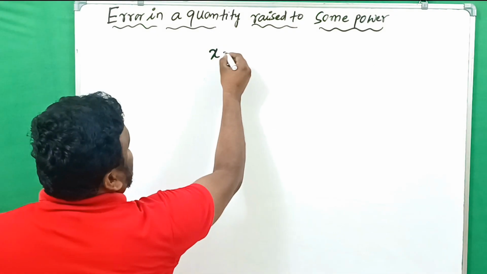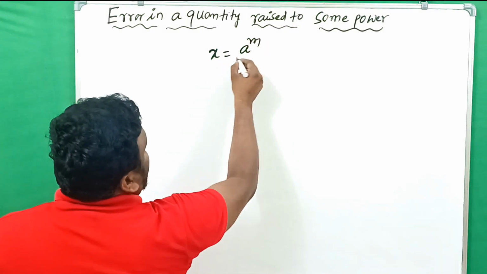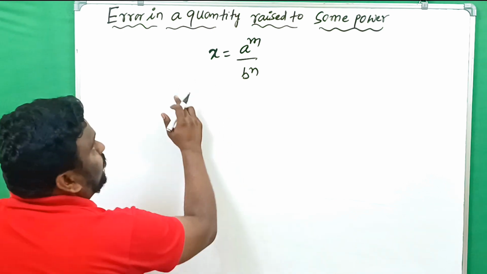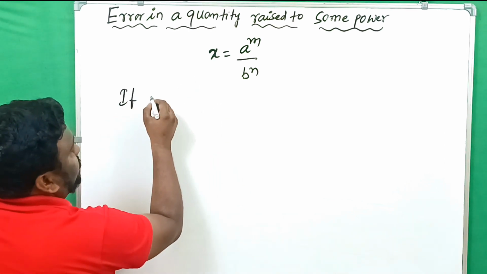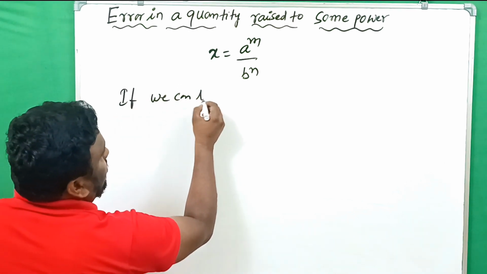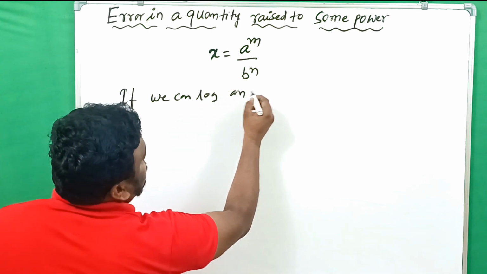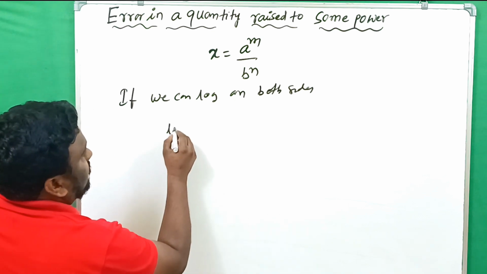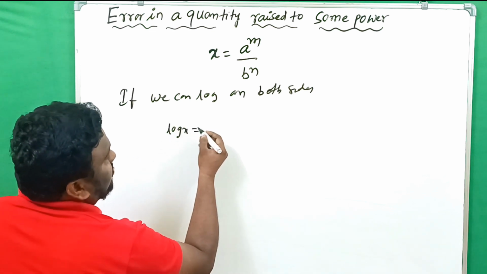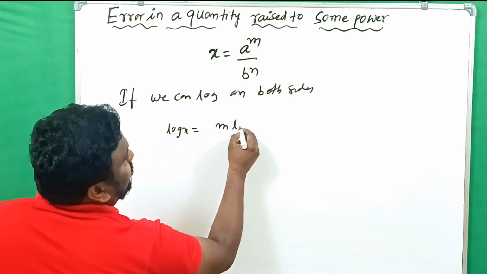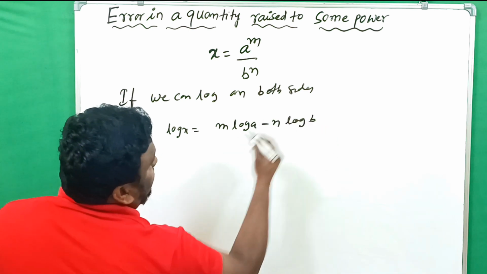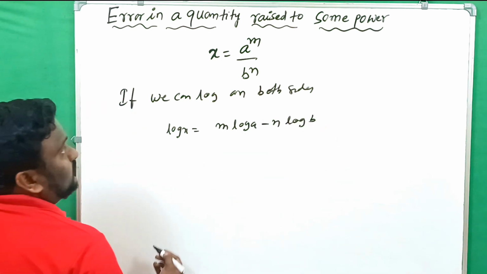Writing x is equal to a to the power of m by b to the power of n. Now if we apply the log on both sides, we get log x is equal to m into log a minus n into log b. Clear?